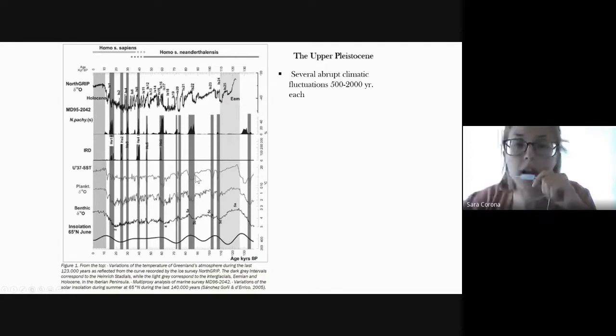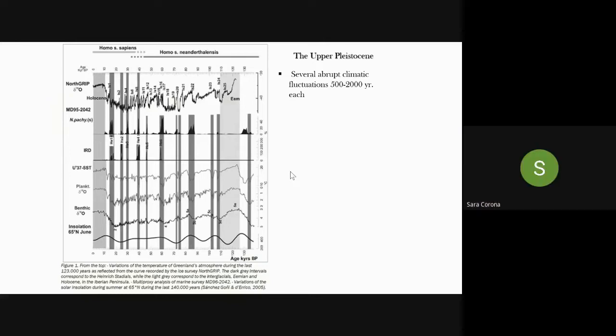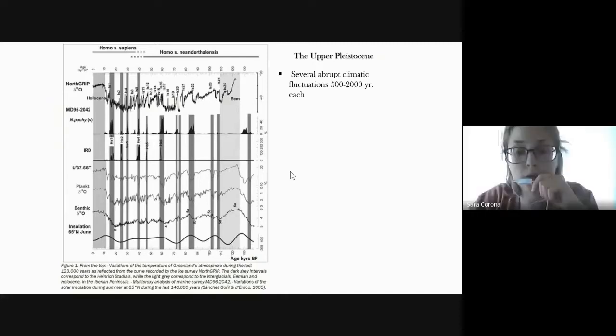Okay, so this period is characterized by a very complex climatic variability, and especially we are talking about several abrupt climatic fluctuations, each occurring every 500 to 1,000 years. And this variability has been recorded by various oxygen isotope curves.